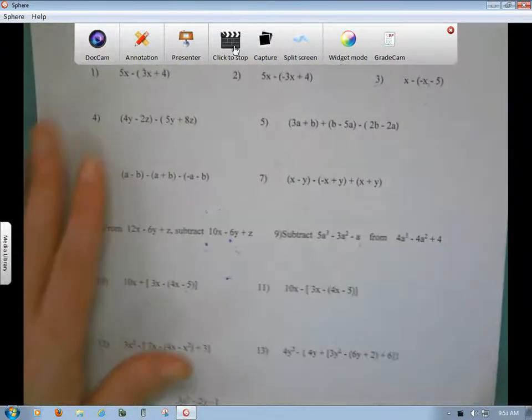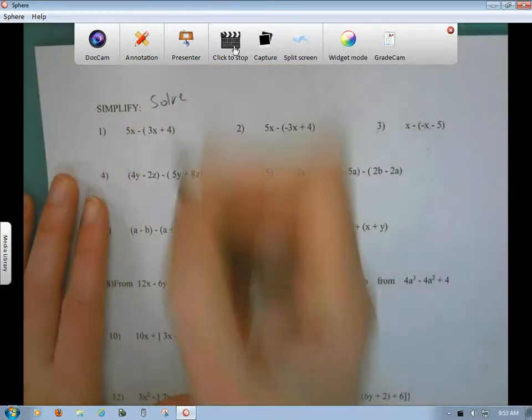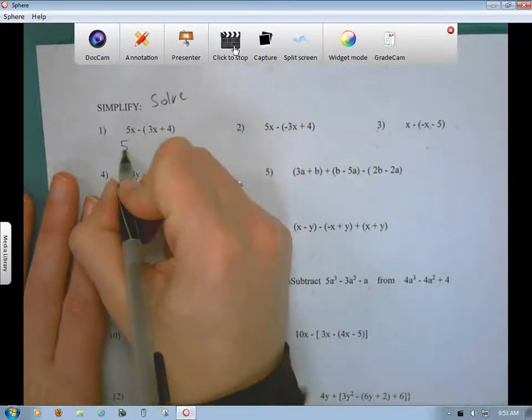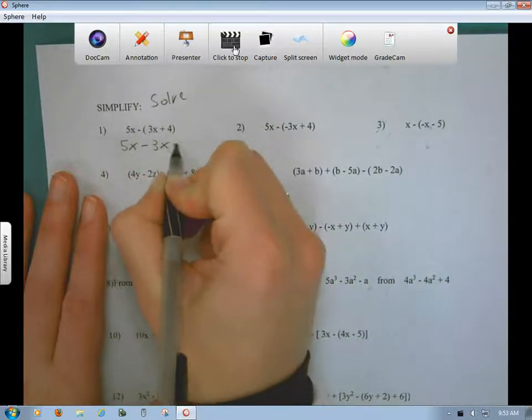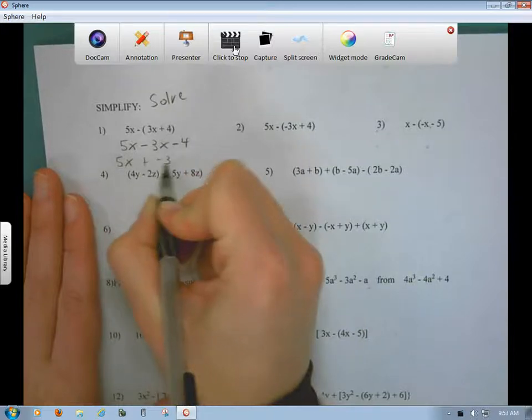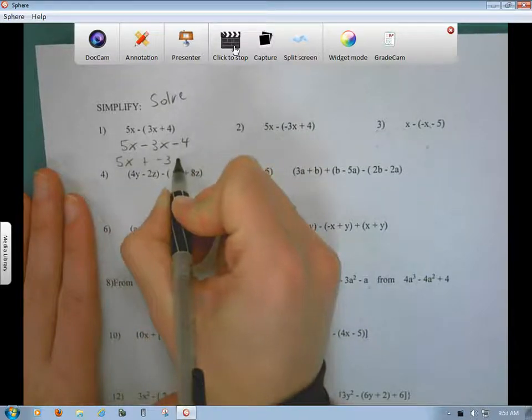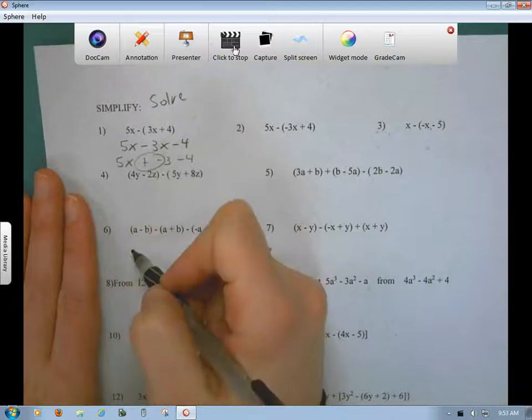So let's practice. Remember, simplify means to solve. So this is 5x minus 3x minus 4. Notice I don't write the double signs in here. I don't like double signs, so I just combine them right away.